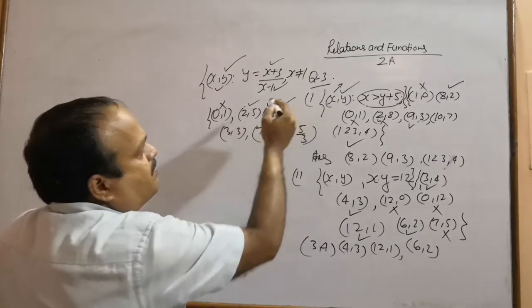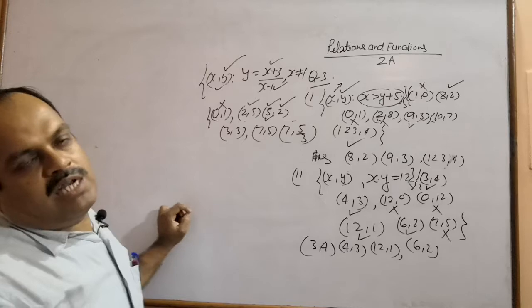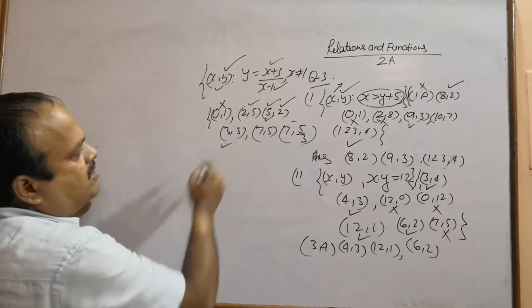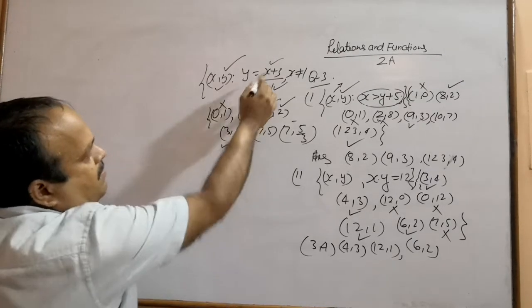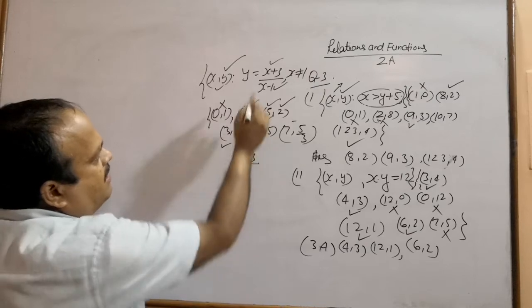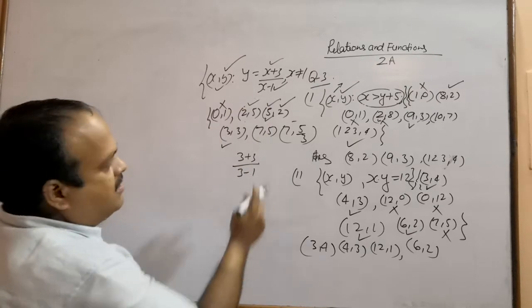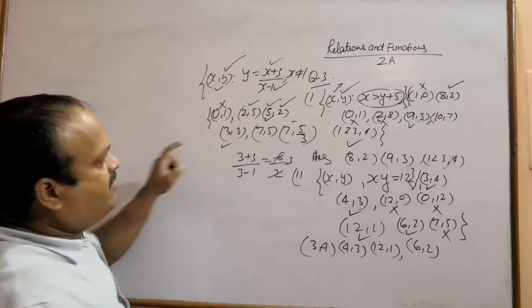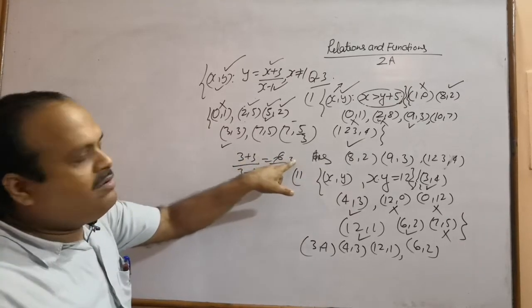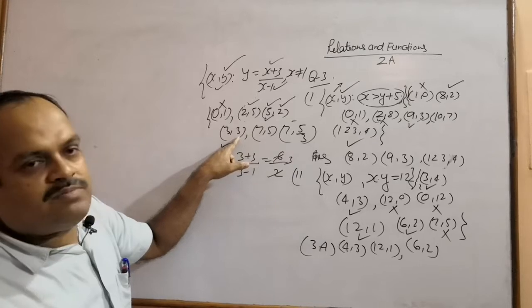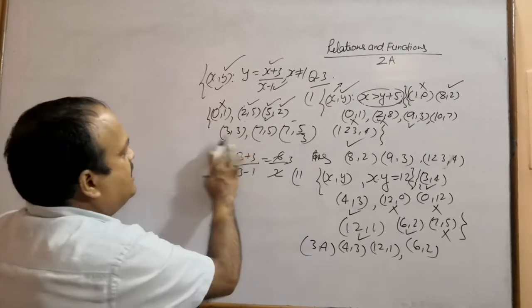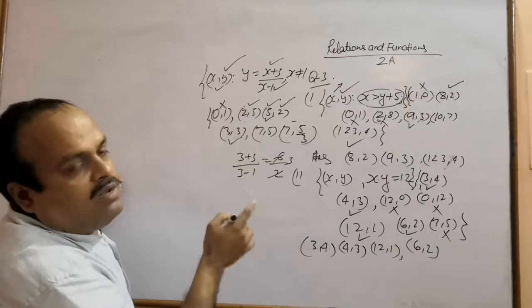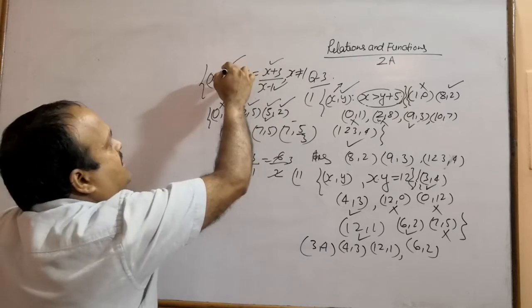It means this ordered pair will belong to this relation. Come to the third one. Put the value of x 3: 3 plus 3 upon 3 minus 1, 6 upon 2, 3. So when we put the value of x 3, the value of y is coming 3, which is seen here. It means this ordered pair will be an element of this relation.